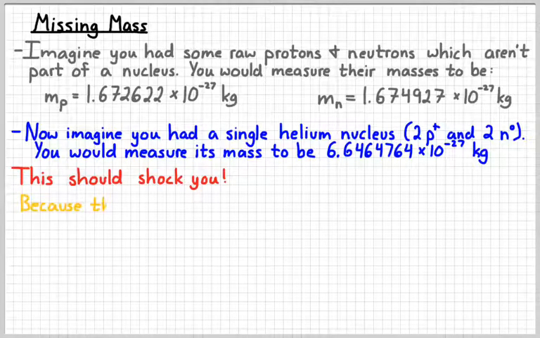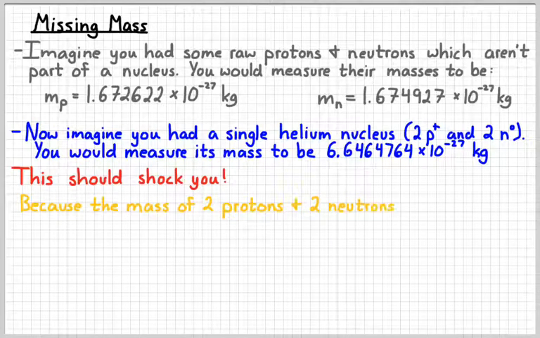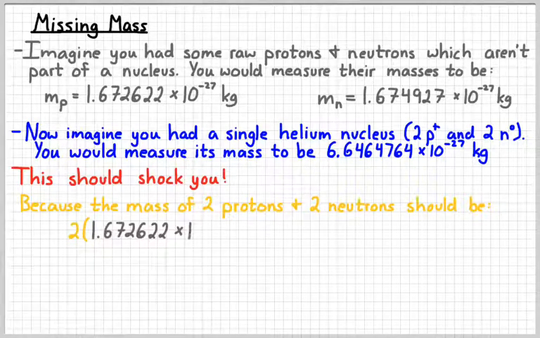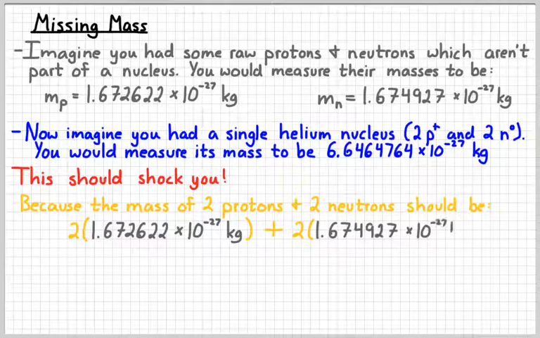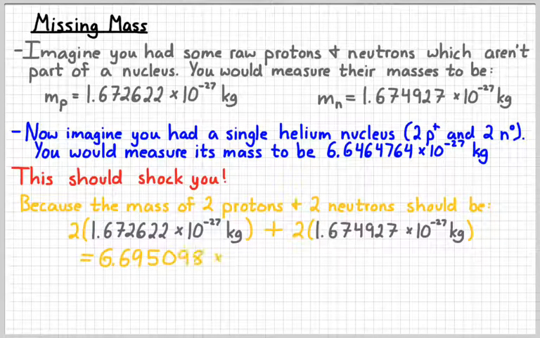Now the reason that should come as an absolute shock to you is because the masses don't add up. As soon as you saw that, you probably mentally added those 2 numbers at the top. Like 2 protons would have that mass, 2 neutrons would have that mass, and you mentally probably add them together to get a number that looks like that, which is more than the measured actual mass of a helium nucleus.